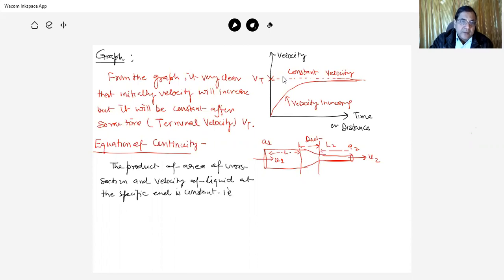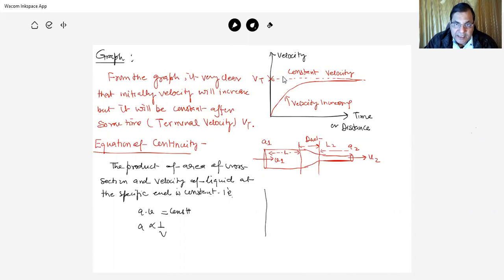That is, A into V is constant, or we can say A is proportional to 1 by V. If the area increases, then the velocity will decrease.